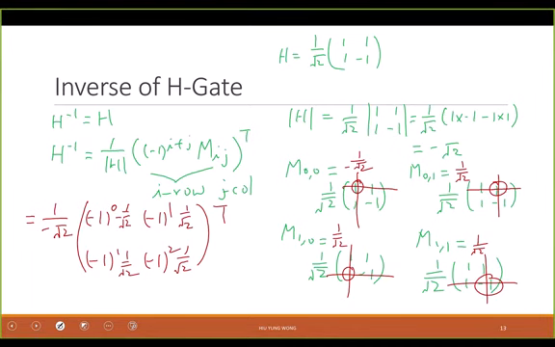The Hadamard, let's check, right? The Hadamard determinant is this times negative 1 minus 1. So it's negative 2. So negative square root 2. So I put negative square root 2 here. Yeah, 1 over square root.